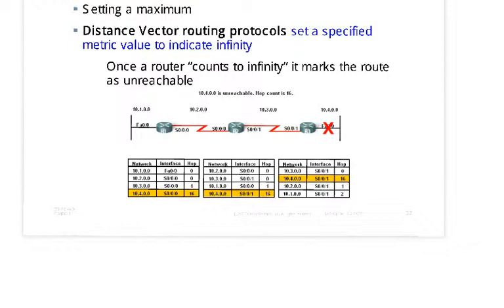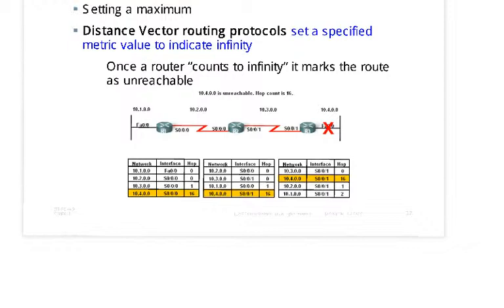So until the count to infinity happens, you will keep forwarding the packet in a loop. But if the route update is propagated back and forth until the hop count becomes 16, this indicates to all routers that this network is unreachable. And this, by default, will prevent the routing loops.